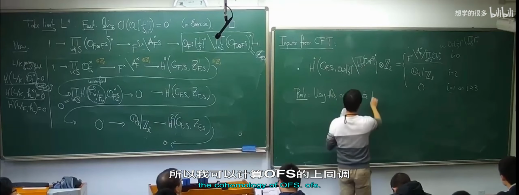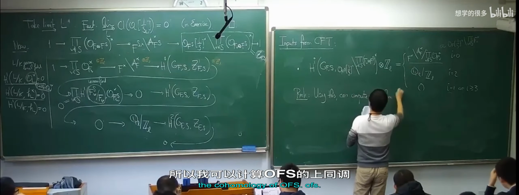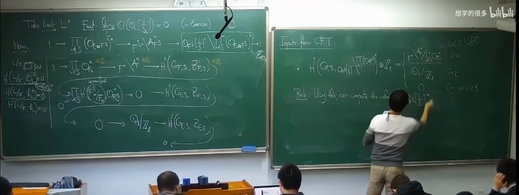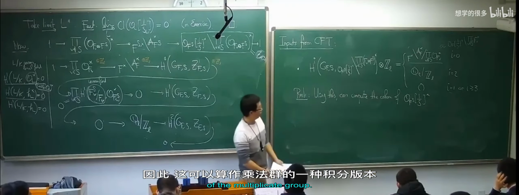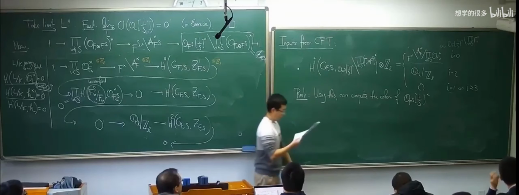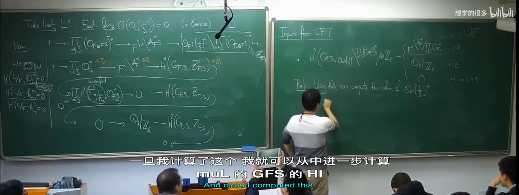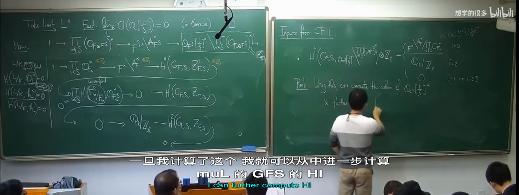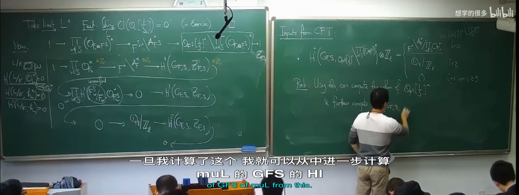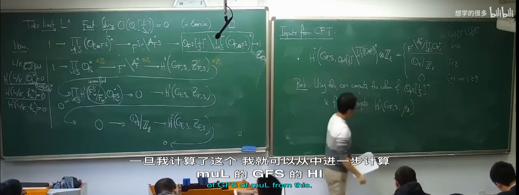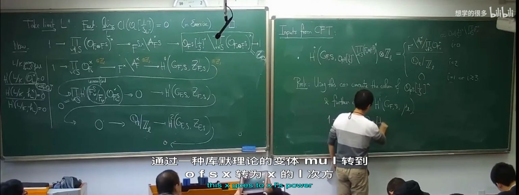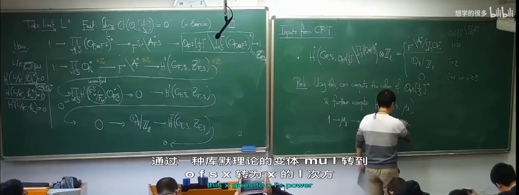So I can compute the cohomology of O_FS, the integral version of the multiplicative group. And once I computed this, I can further compute H^i of G_FS with coefficients in mu_L from this one by a variant of Kummer theory: 1 goes to mu_L goes to O_FS, and this x goes to x to the L-th power.